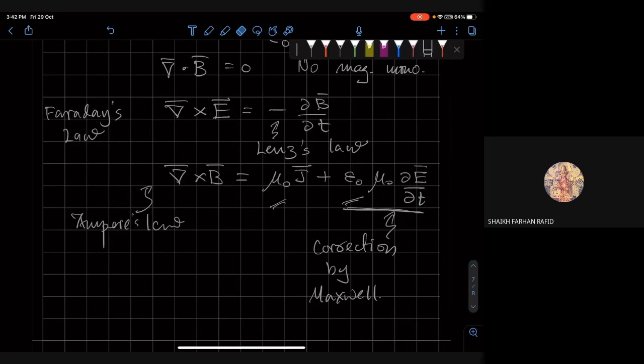There is nothing in the mathematical structure of physics to stop them from existing, but we haven't discovered them. Dirac has argued that the quantization of electric charge is indirect evidence that magnetic monopoles exist. So, at some point we might discuss that. Okay.